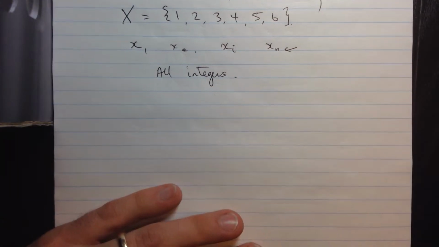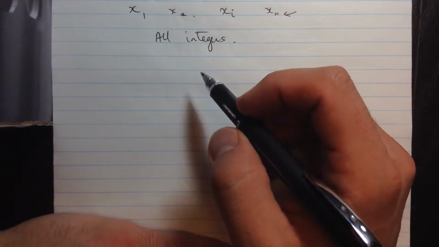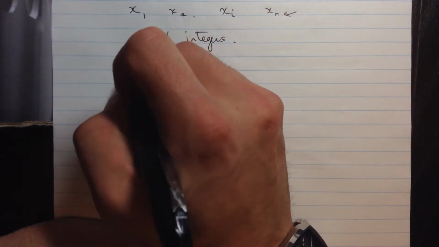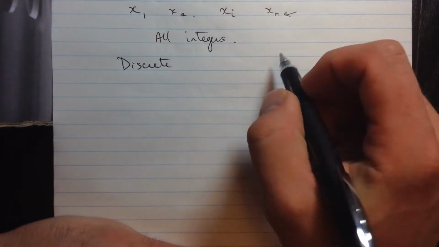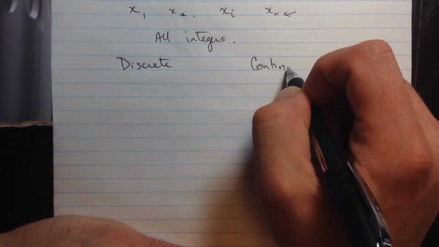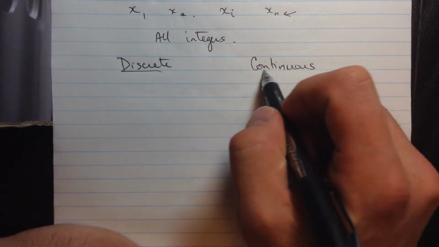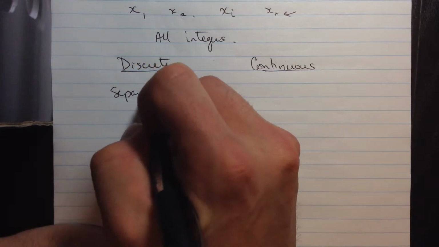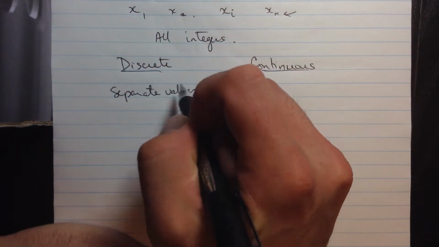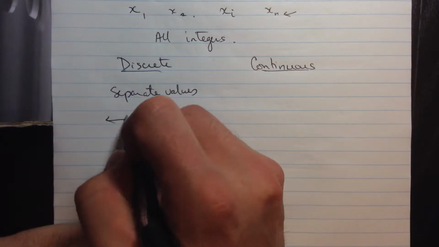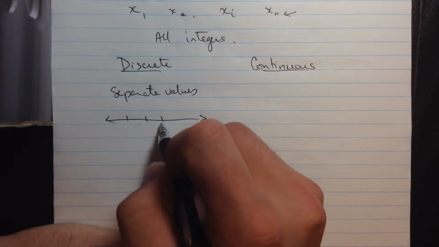So let's talk about the 2 different types of random variables. There are discrete random variables and there are continuous random variables. So the discrete ones are like separate values. So if you had a number line, you could put them in order. They don't have to be evenly distributed.